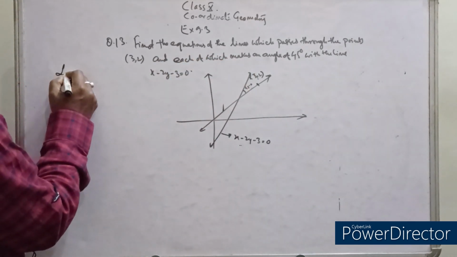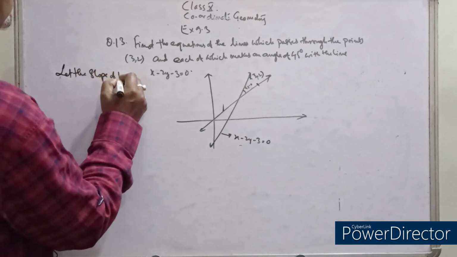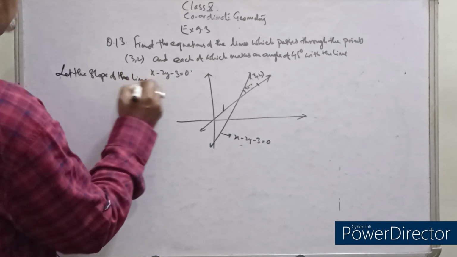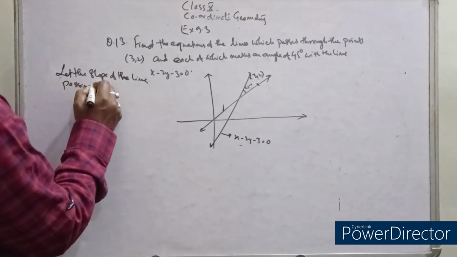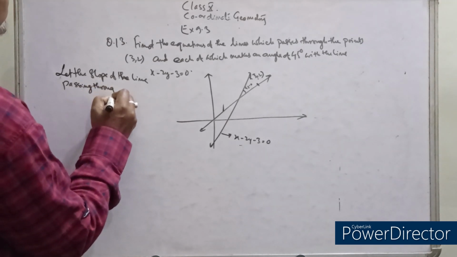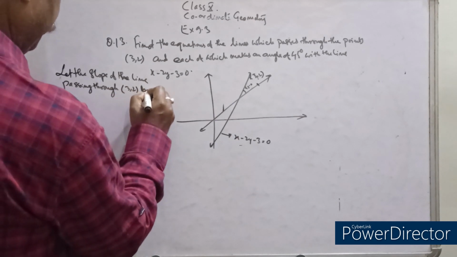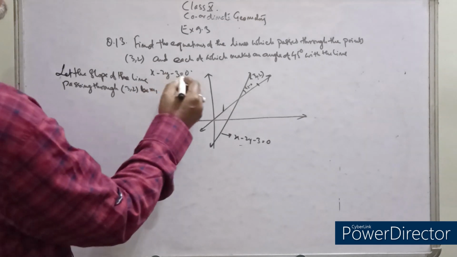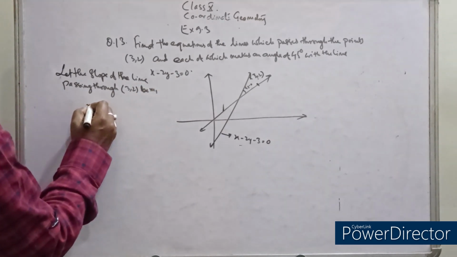Let the slope of the line passing through (3, 2) be m1, and here the slope of this line is m2.